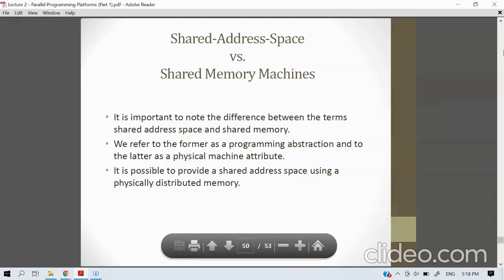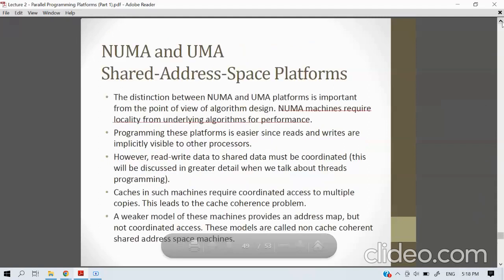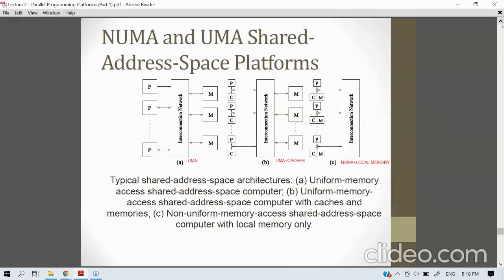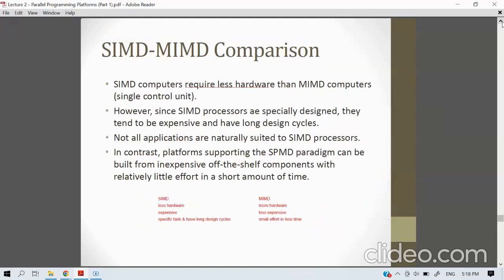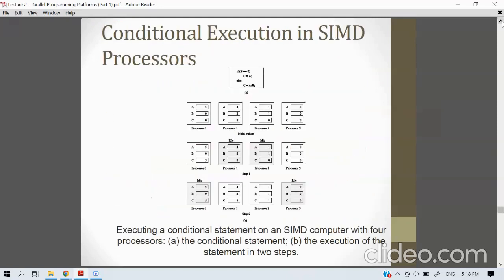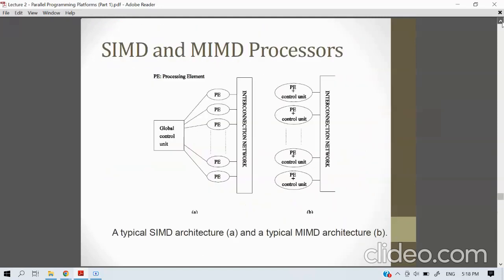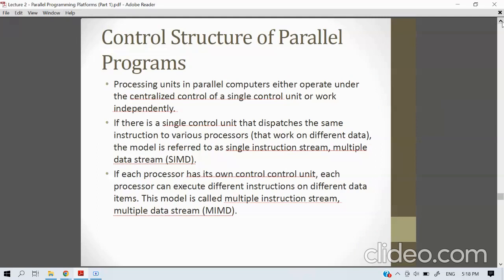And in the earlier slide, we saw there is a weakness or limitation related to the control structure of the parallel program.